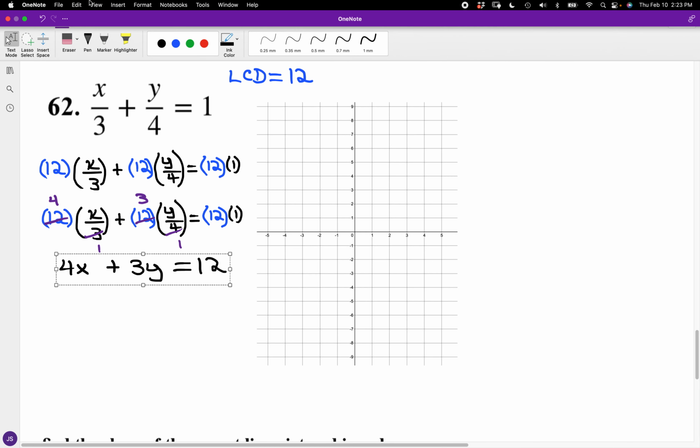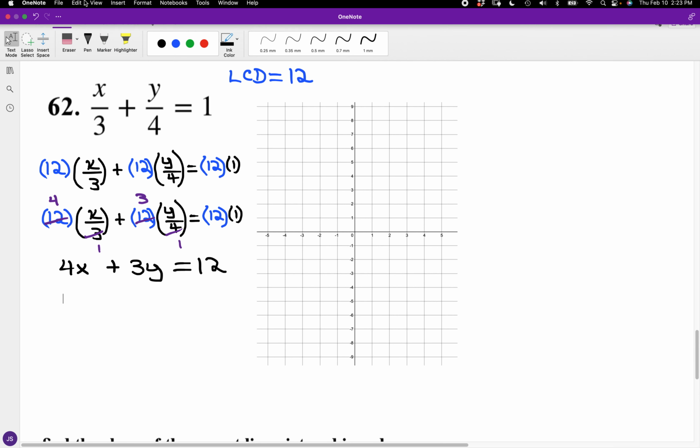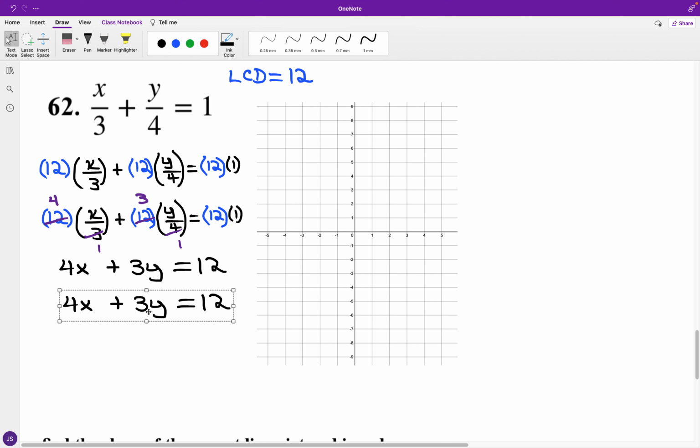And getting the y term by itself, right now we have 3y. So I can move the 4x over. And getting closer to the slope-intercept form, I have 3y is equal to -4x plus 12.